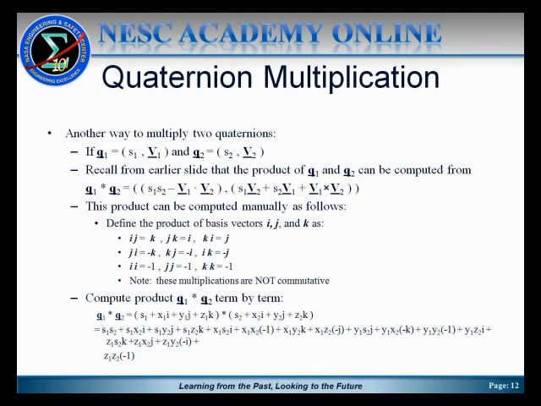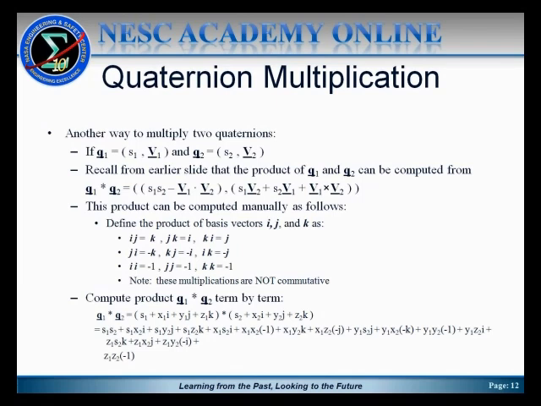So in the reversed order, J times I would produce minus K, K times J would produce minus I, and I times K would produce minus J. These are similar to the cross product characteristics you would have between those basis vectors, where for instance I cross J is K, J cross K is I, and K cross I is J. And again with cross products, the reverse of those are order dependent. So J cross I would be minus K, K cross J would be minus I, and I cross K would be minus J.